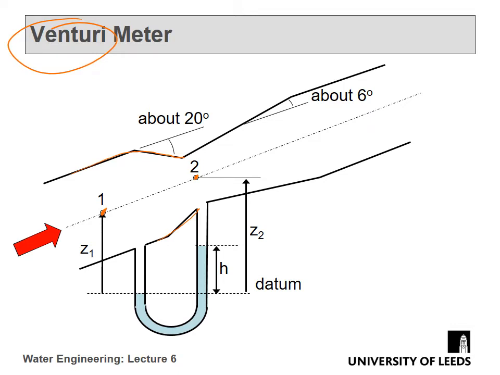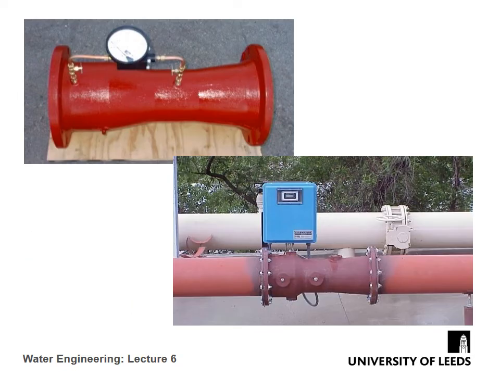So the trick is that we need to measure the pressure. Now we can do it with a manometer, like this arrangement. So we see this side is higher on the manometer because the pressure is lower at 2 than it is at 1. Measure the pressure, the height, the head difference between those 2 points.